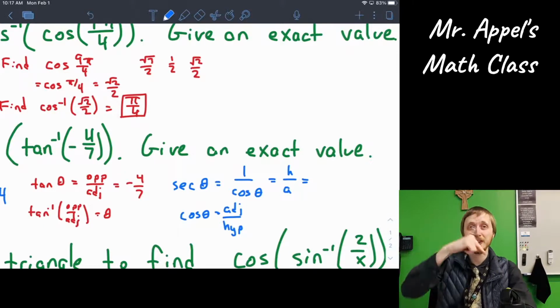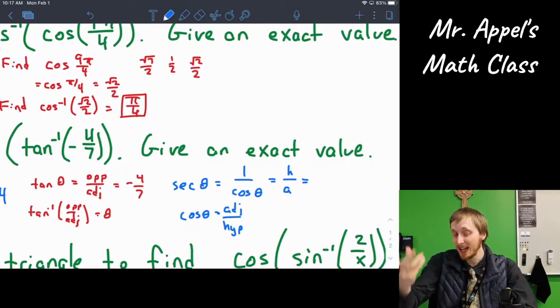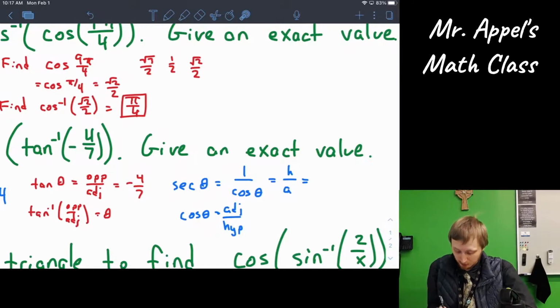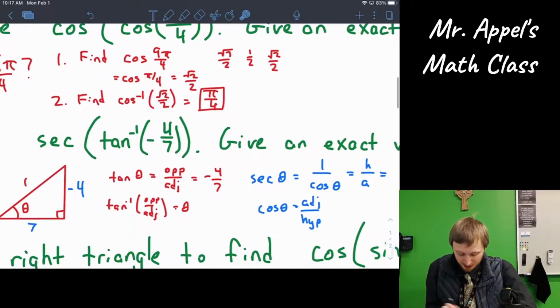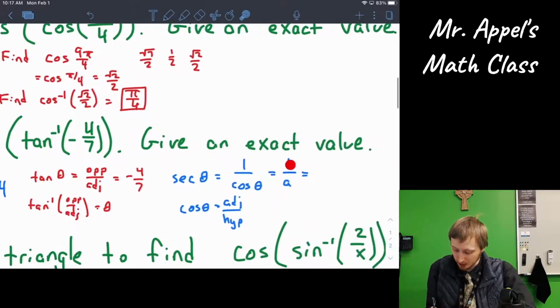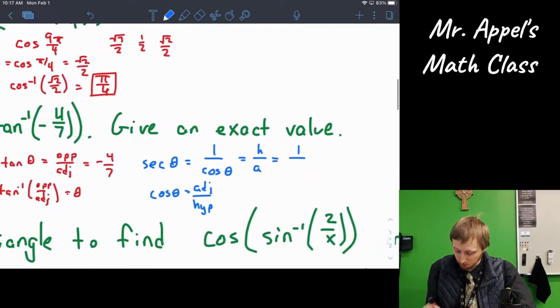I don't care what the theta is. I don't need to know what the angle is, because whatever that angle is, it's this angle right here. It's this one that fits in this triangle of 1, 7, -4. From that angle, I just need the hypotenuse, which is 1, because we're on the unit circle, and the adjacent side is 7. I should get 1/7.